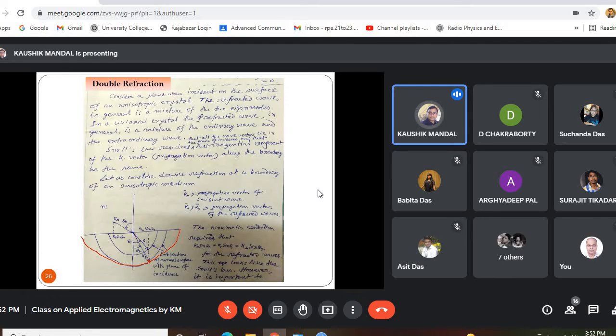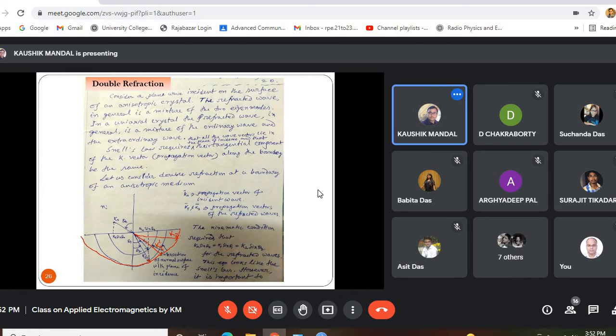If the light propagates or is refracted in this direction, then it is k2. But if the corresponding light is refracted in this direction, then it is k2 dash.